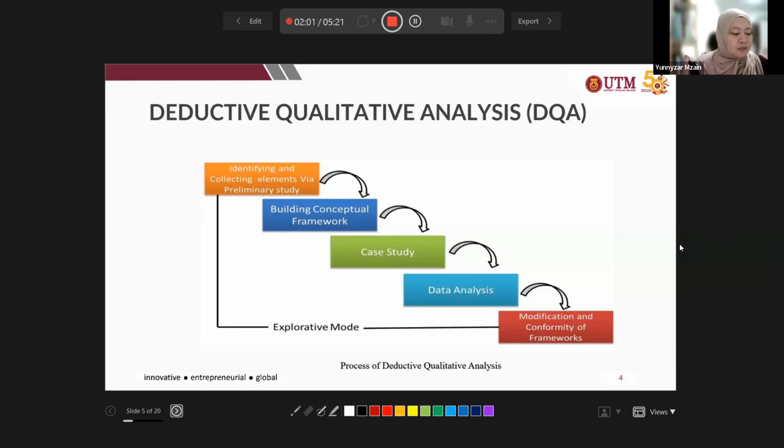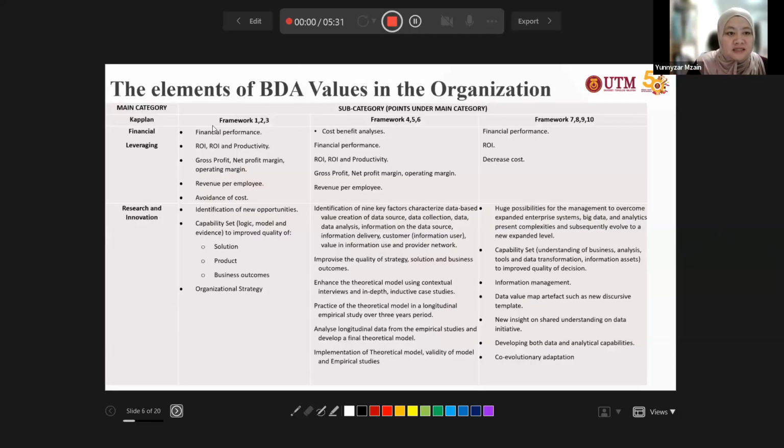So after collecting inputs comes an analysis phase where the results of the study will produce recommendations to improve the built framework. So these are the elements of BDA values in the organization. The elements are based on Kaplan's balanced scorecard framework and value creation by the Big Data Analysis Framework by Victor Eje 2018.